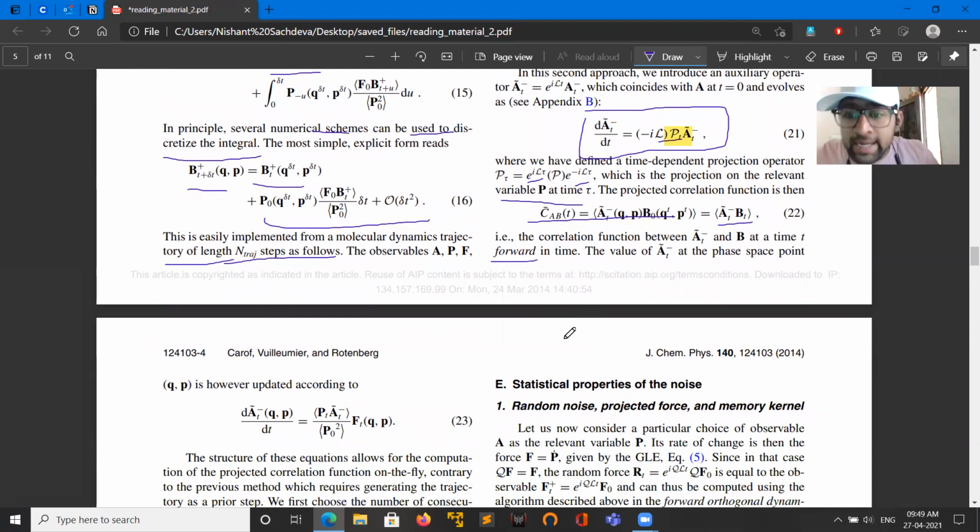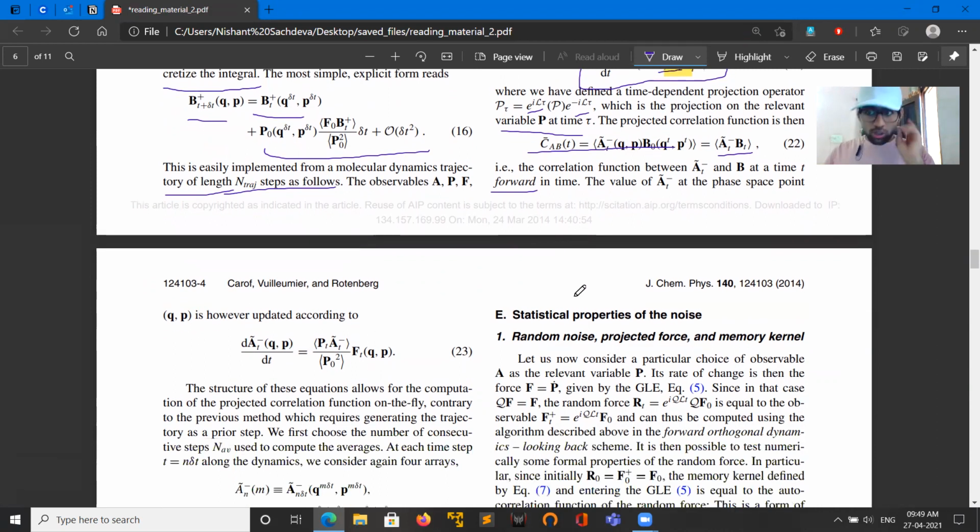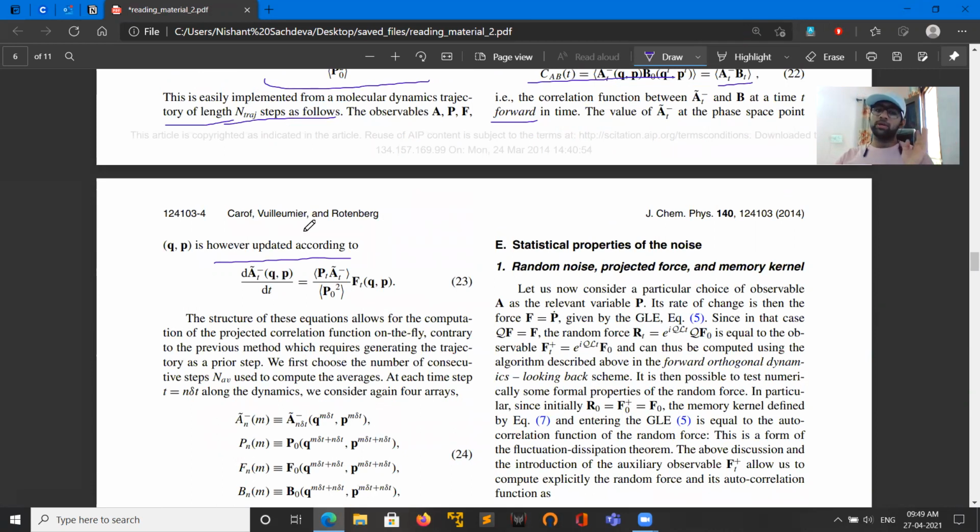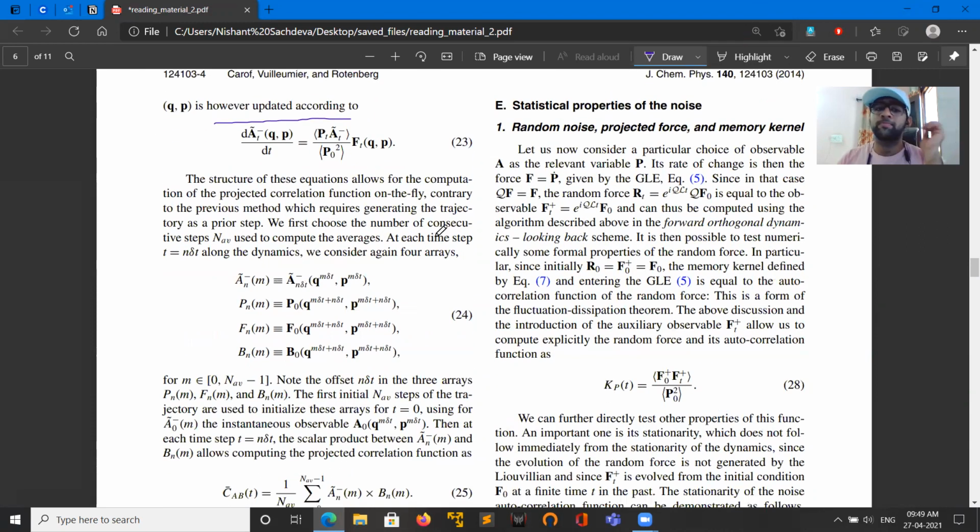The value of A tilde t dash at phase space point (q, p) is however updated according to dA tilde t dash (q, p) over dt equals P_t dash by the average of P naught squared times F_t of (q, p). The structure of these equations allows for the computation of the correlation function on the fly, contrary to the previous method, which requires generating the trajectories as a prior step.